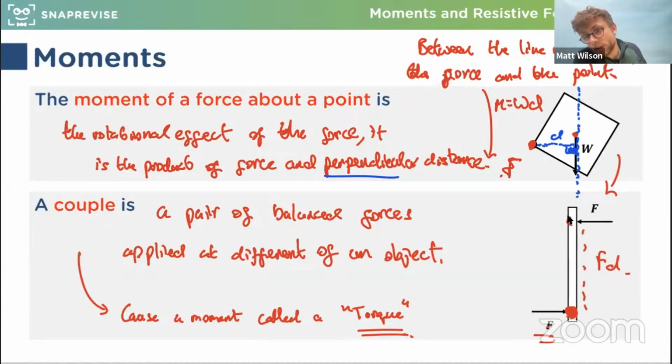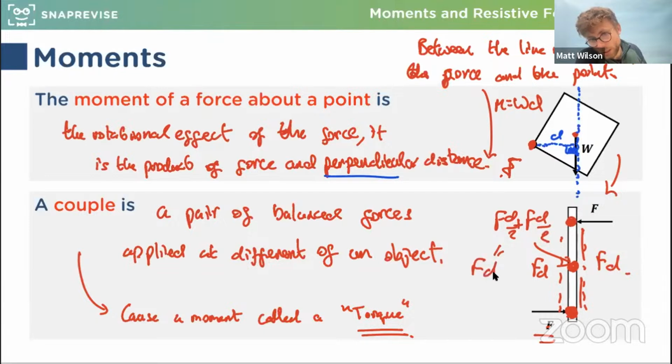We'd have got the same result if we calculated the moment around this point. We'd have still got FD. And we'd get the same result even if we calculated the moment at the middle part here. Here, one of the forces would be contributing FD over 2, F times half the distance. And the other force would contribute force times half the distance as well. So altogether, you'd again get F times D.